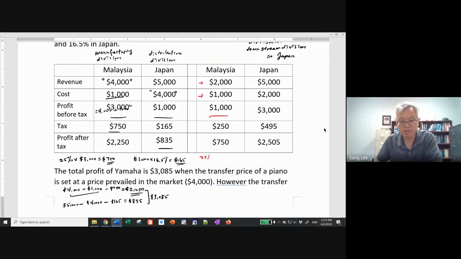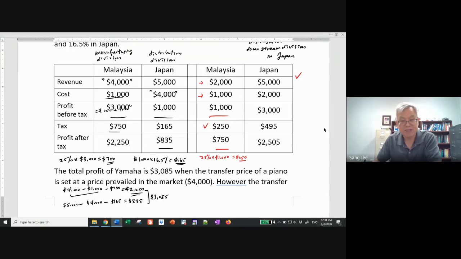So 25% times $1,000 is $250. So that's the tax liability. And so profit minus tax, profit after tax is what? $750.